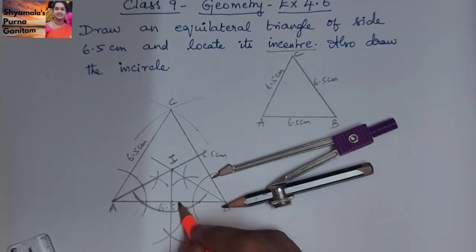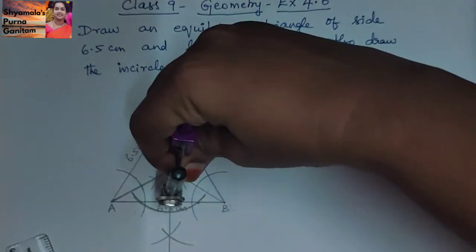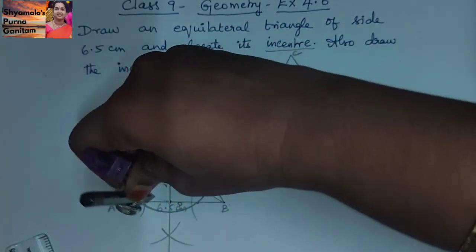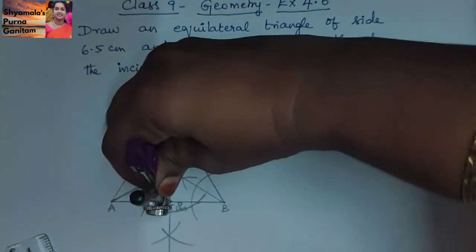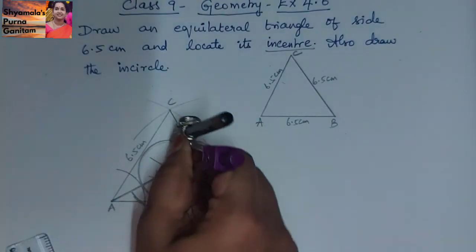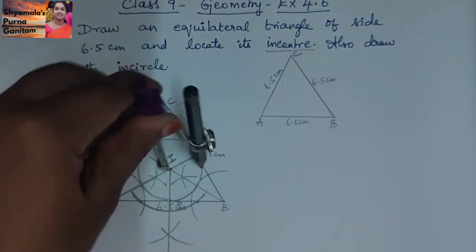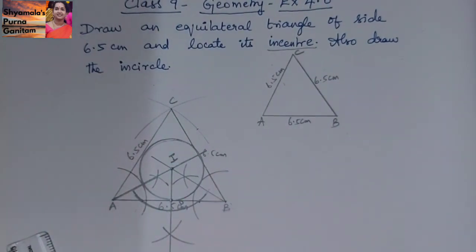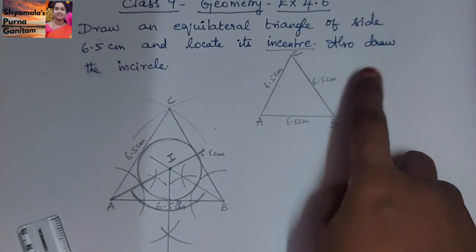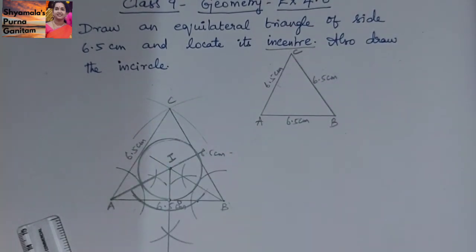Taking ID as radius, I will draw a circle inside the triangle. This circle is the incircle for the given equilateral triangle.